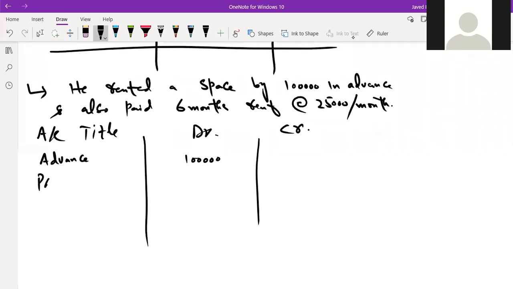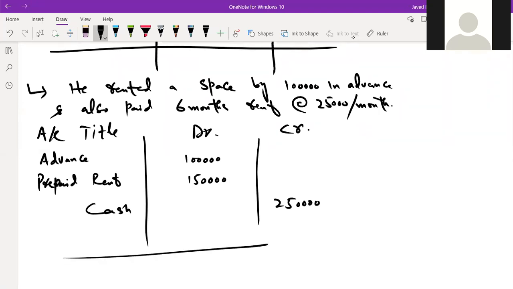Advance rent in this case is written as prepaid rent. So 25,000 into 6 will make it 150,000. Obviously, he must have paid these in cash. So this is 250,000. So this will be your second transaction.